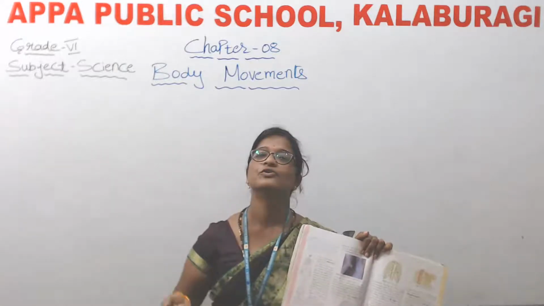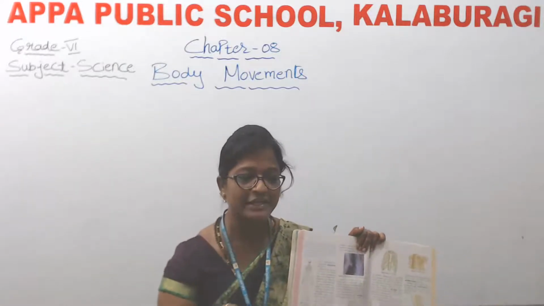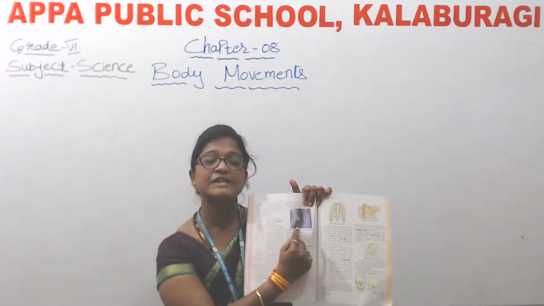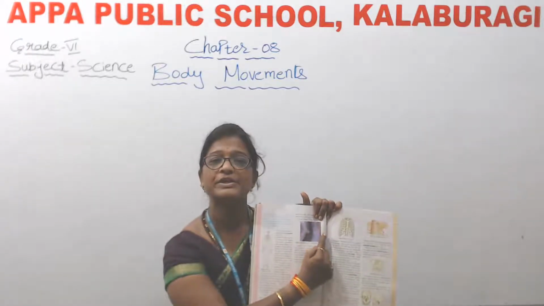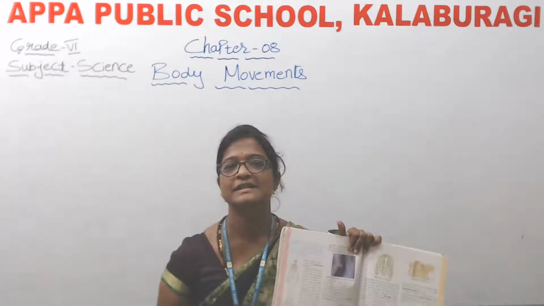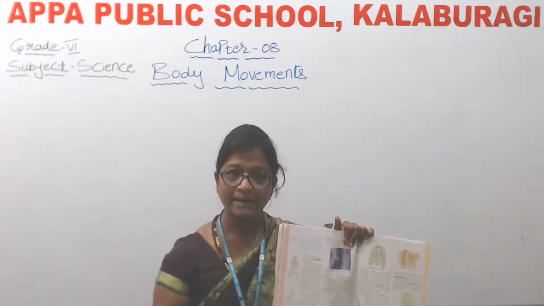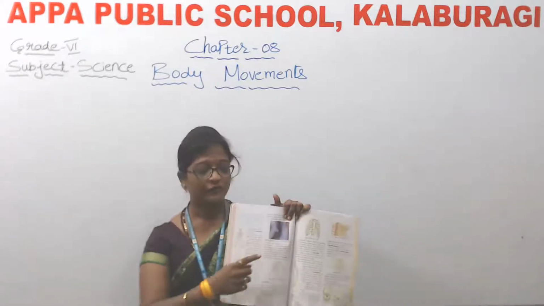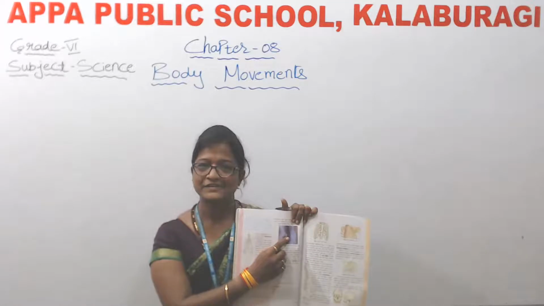Why? Because to see whether the bones are damaged or what. This is an X-ray from which we get a clear picture of the internal body part, like whether the bone has been damaged or it has cracked, isn't it? So all of this we come to know from an X-ray.